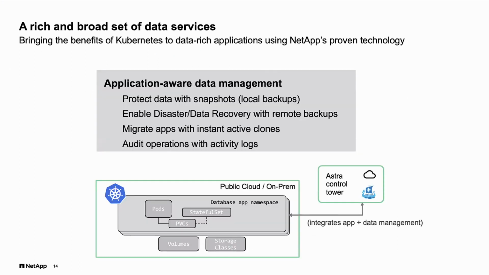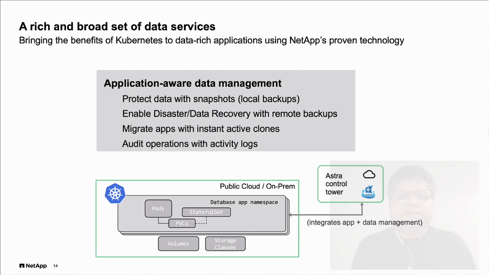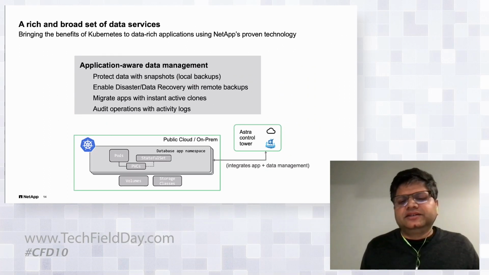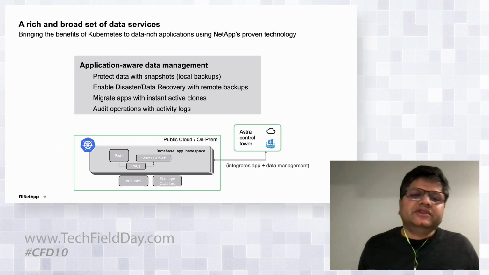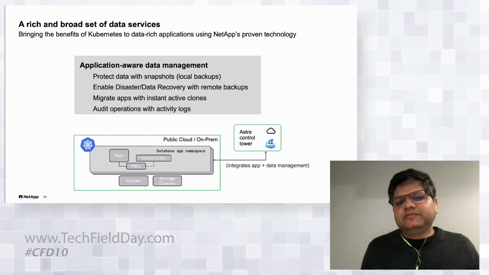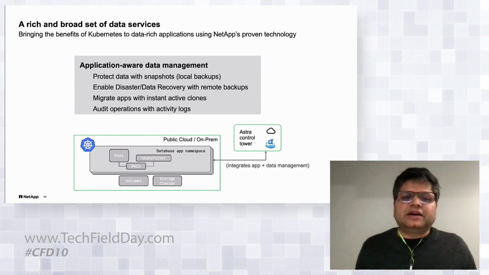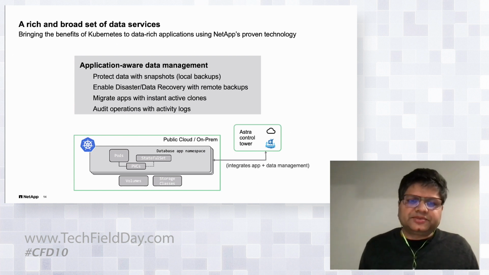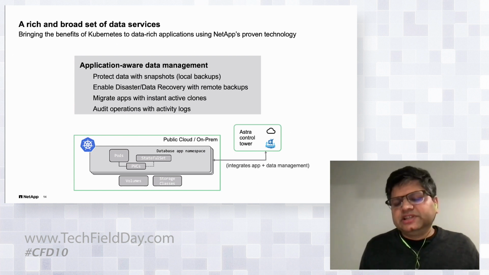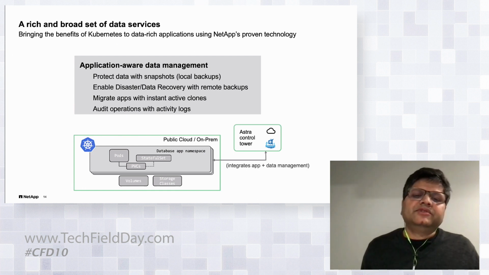So what does Astra provide? If you look at it, we're starting with this, but this is just the beginning. Application-aware data management for protecting data with snapshots. Enable disaster or data recovery with remote backups. You can migrate apps with instant active clones. You can audit all the operations that were done to your app with activity logs.